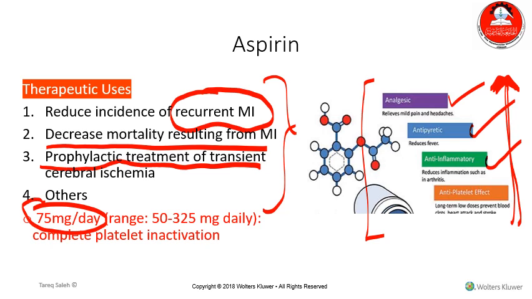The range of the antiplatelet dose, where aspirin is sufficiently exerting an antiplatelet effect, is usually between 50 and 300 milligrams per day. But the ideal dose is 75 milligrams per day to produce complete platelet inactivation.